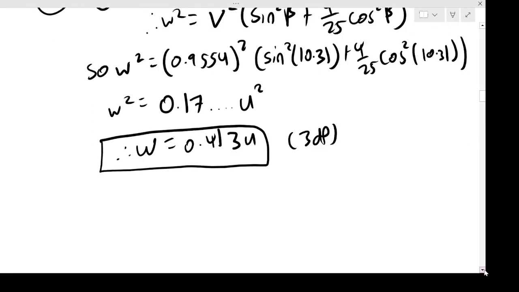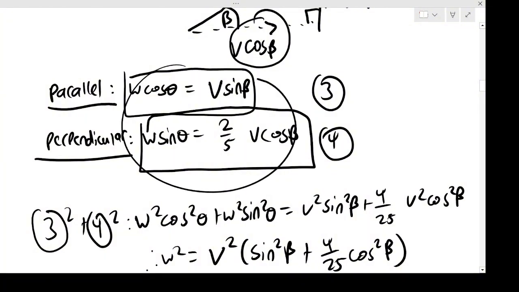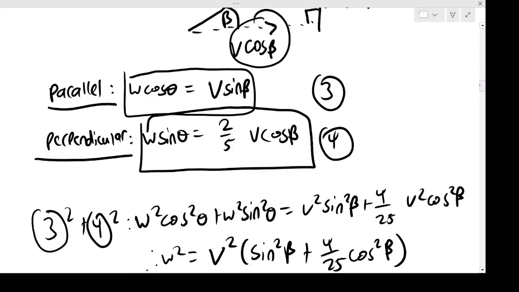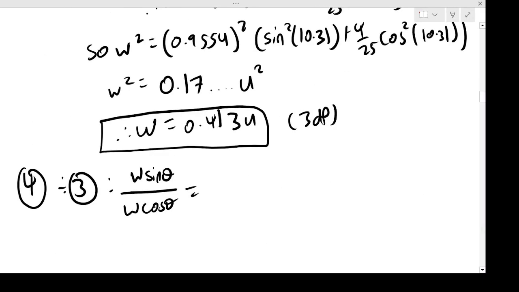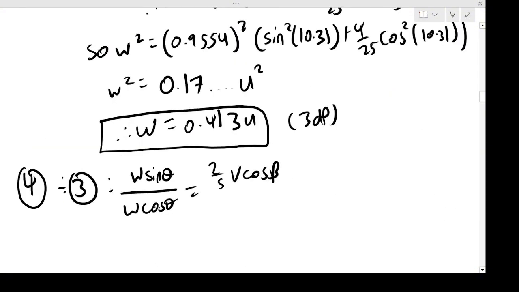And then I can find the angle theta if I divide the two equations I've got. Again, the same sort of procedure. If I divide these, that's going to be W sine theta over W cos theta. So that's going to be 2/5 V cos beta over V sine beta.